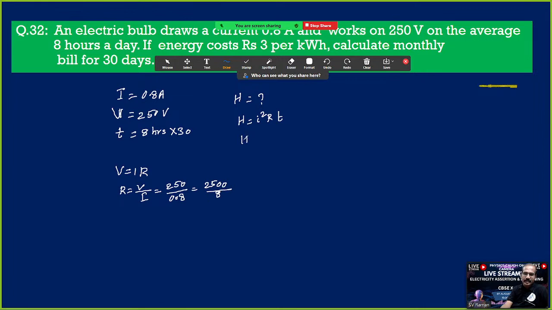Now H is equal to I square, 0.8 whole square, into resistance 2500 by 8, into time t, 240 hours. So we will get that H value, in kilowatt hours. How many kilowatt hours we are getting, into 3 rupees is the total cost of the monthly bill.